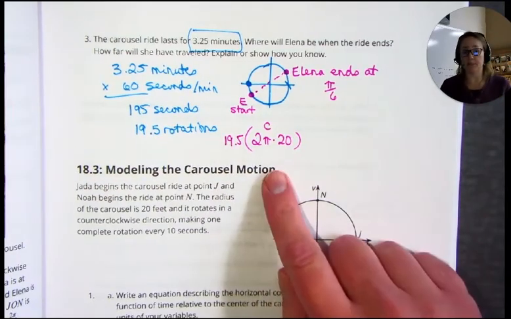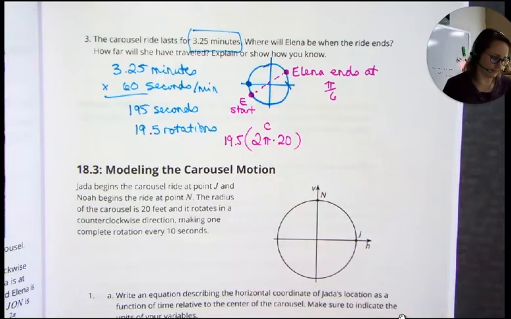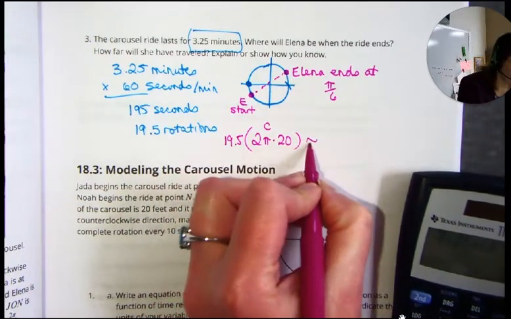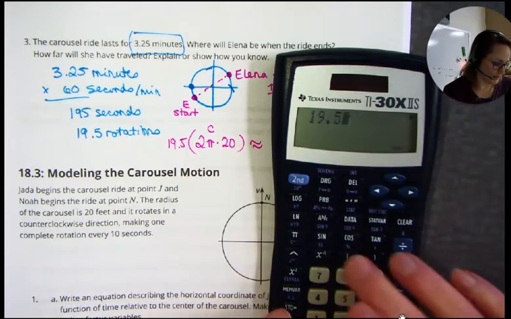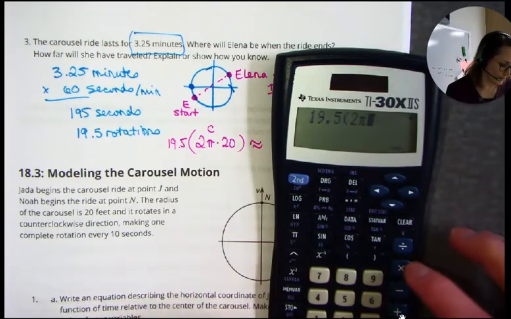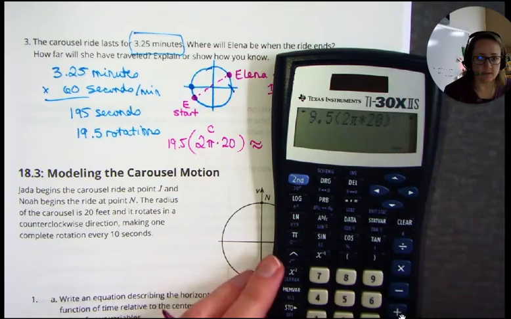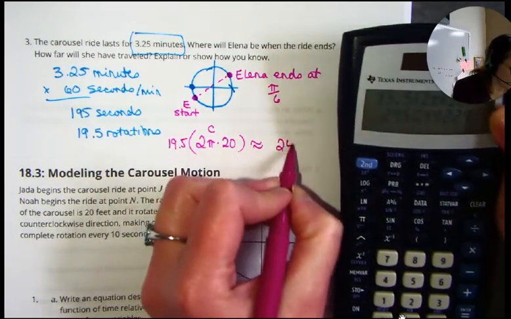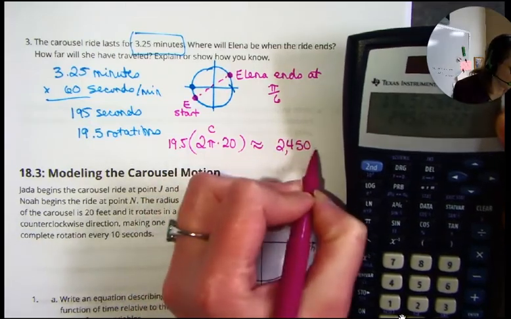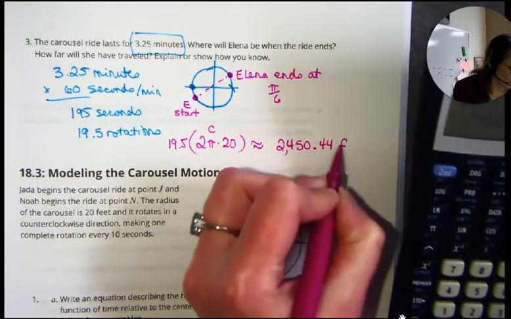So I'm going to times it by 19 and a half. I could do this in terms of pi, but I'm just going to do some straight multiplication here. So 19.5 times 2 pi times 20 tells me that she has gone 2,450.44 feet.